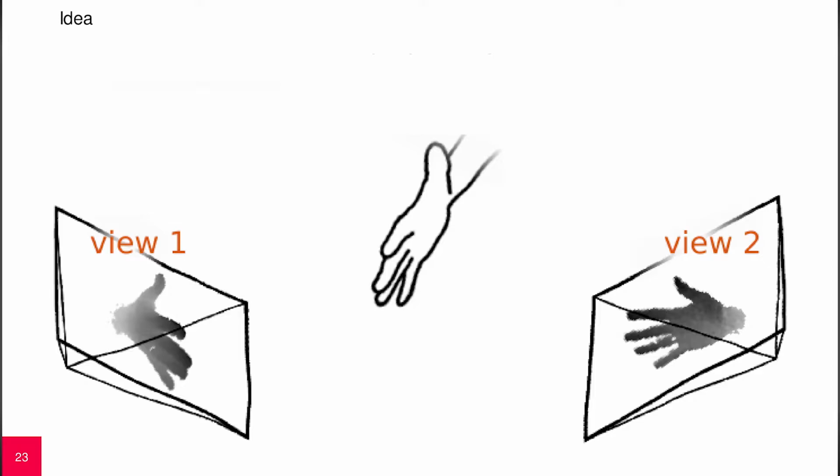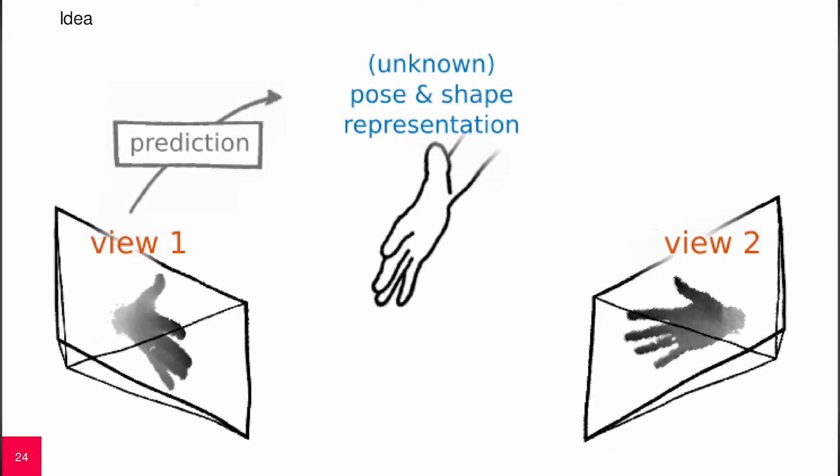And we are going to exploit this by, given one image from one view, predicting a pose and shape representation, which is essentially a latent representation at this stage. We don't know what it actually is. It's just an unknown pose and shape representation.